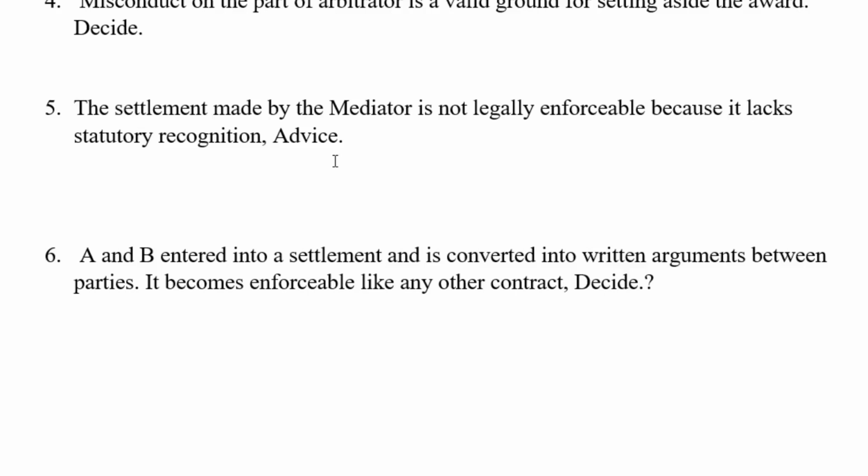This mediation, conciliation, negotiation, even to a certain extent the conciliation proceedings, is somewhat binding on the parties. But arbitral awards are as good as the decree of the civil court. But what about the mediation? What about the negotiation? It does not have such enforceability in its execution. So that aspect you have to write with regard to the mediation aspect.